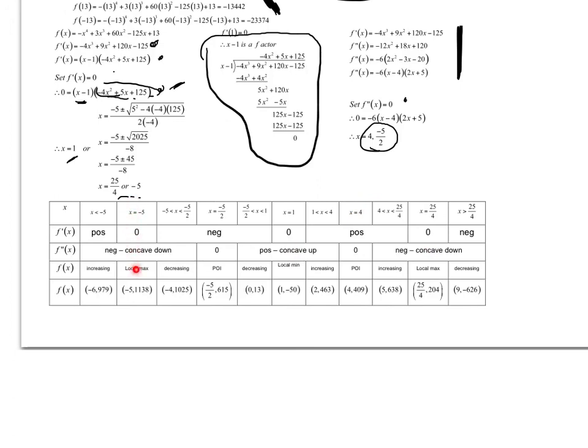Local maximum, point of inflection, local minimum, point of inflection, local maximum. And then in between, you have all of your extra points that might help you out. One here, here, here, here, here, here. So everything's all in one chart.